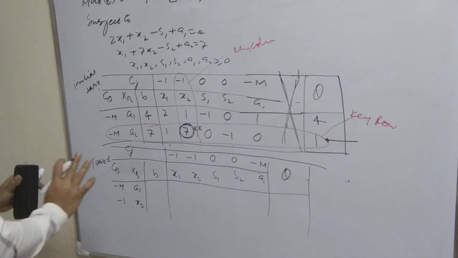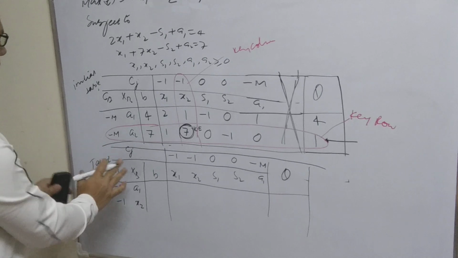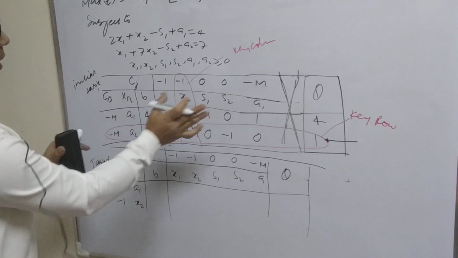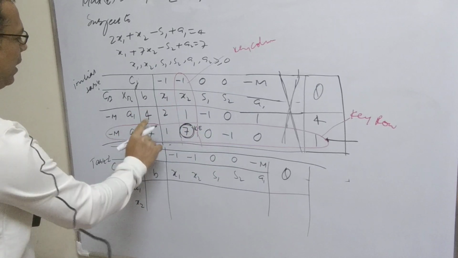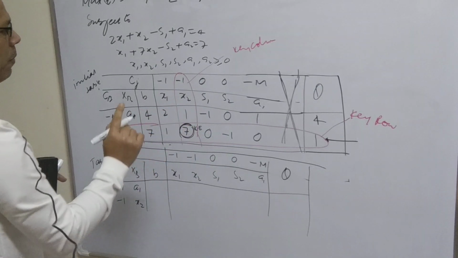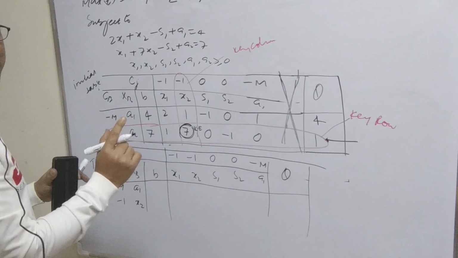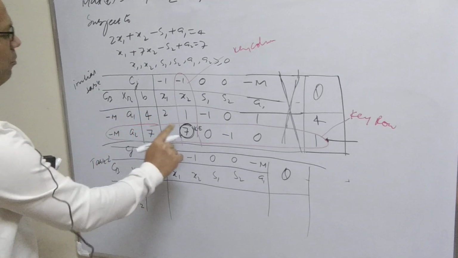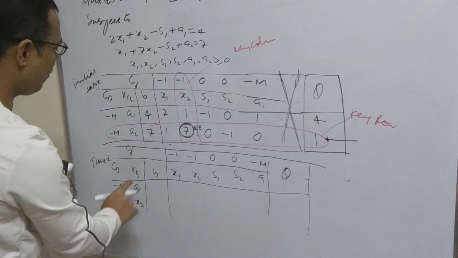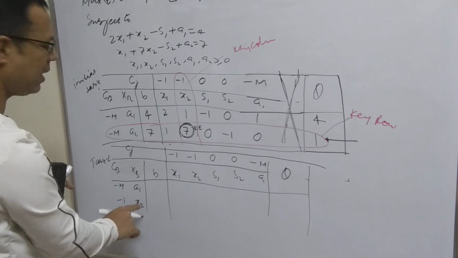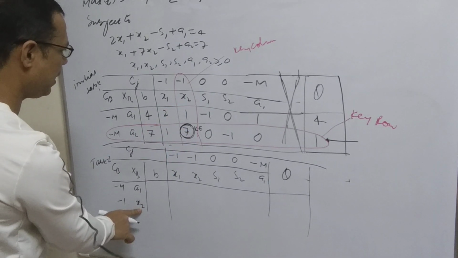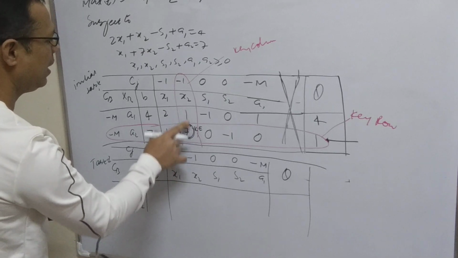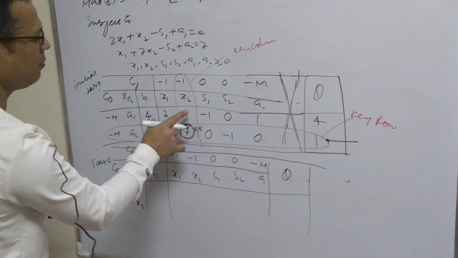Now after filling this portion, we need to move into the inner part of the table. So what is here? Here very simple. Why am I using the word simple all the time? Because our aim is that whatever variable enters the basis will create the unit matrix. It means x2 has already entered into the basis. It means these values will give you the unit matrix, in terms of 1 and 0.